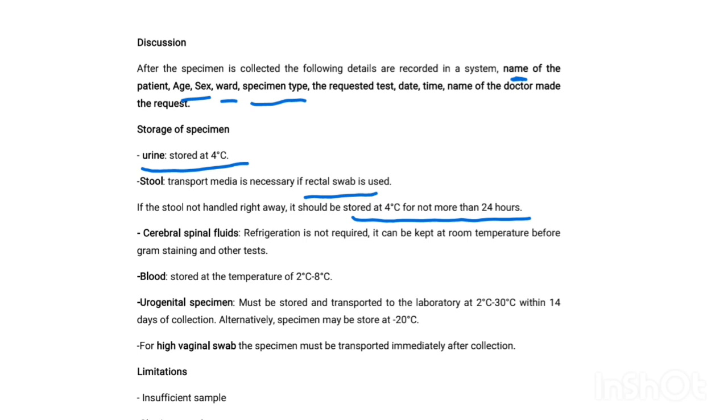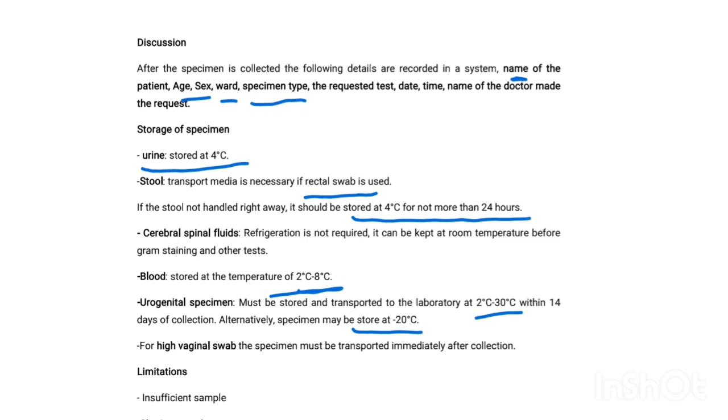And blood should be kept between 2 degrees and 8 degrees Celsius, any blood sample. Then urogenital specimens have to be stored at a temperature of 2 to 30 degrees Celsius within 14 days of collection. Alternatively, the specimen may be stored at -20 degrees Celsius.